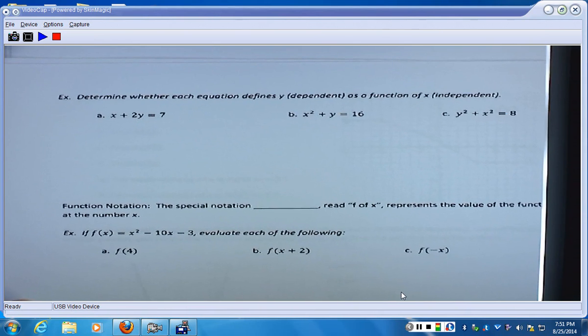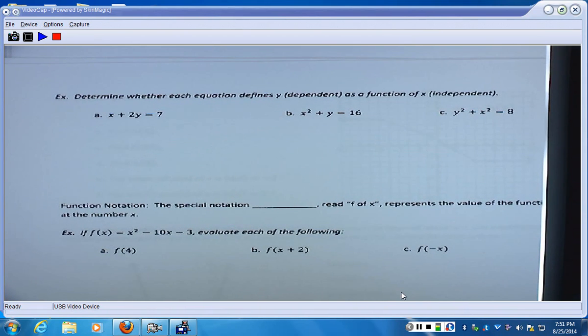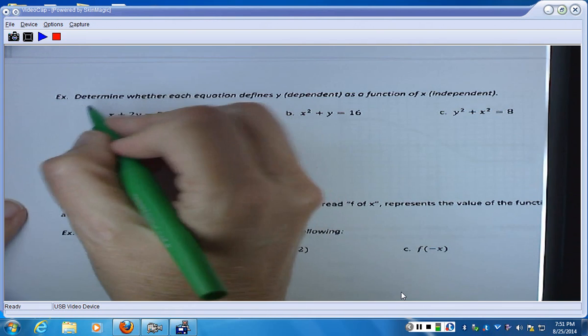This example, you're going to determine whether each equation defines y, our dependent variable, as a function of x, the independent variable. And in this type of problem, you need to first solve for y.